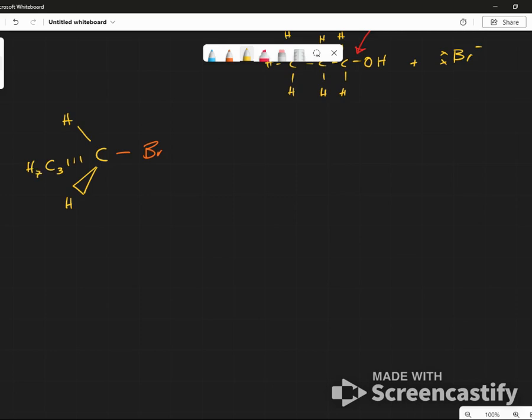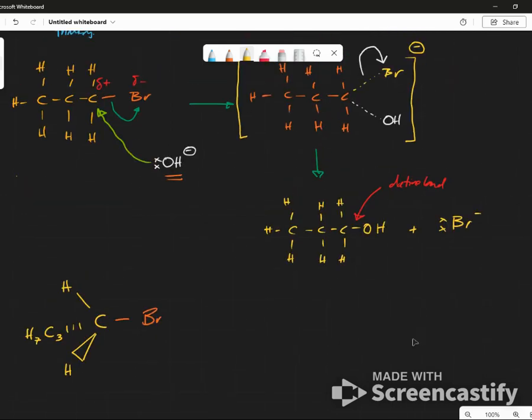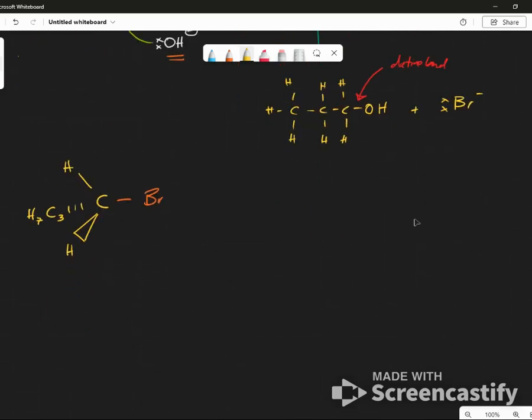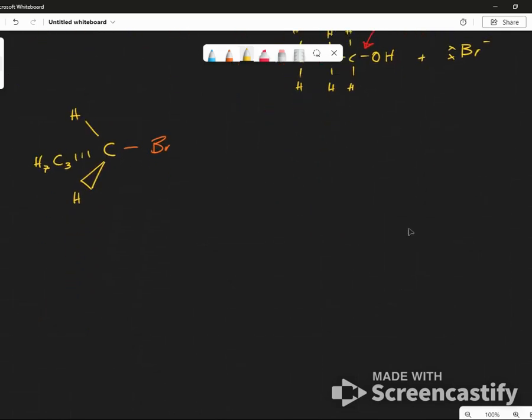I think that's right. Let me check. 6, 7, that's right. Do we all understand that I've rewritten it in a tetrahedral shape? It's exactly the same molecule. I've just drawn it a little bit differently.